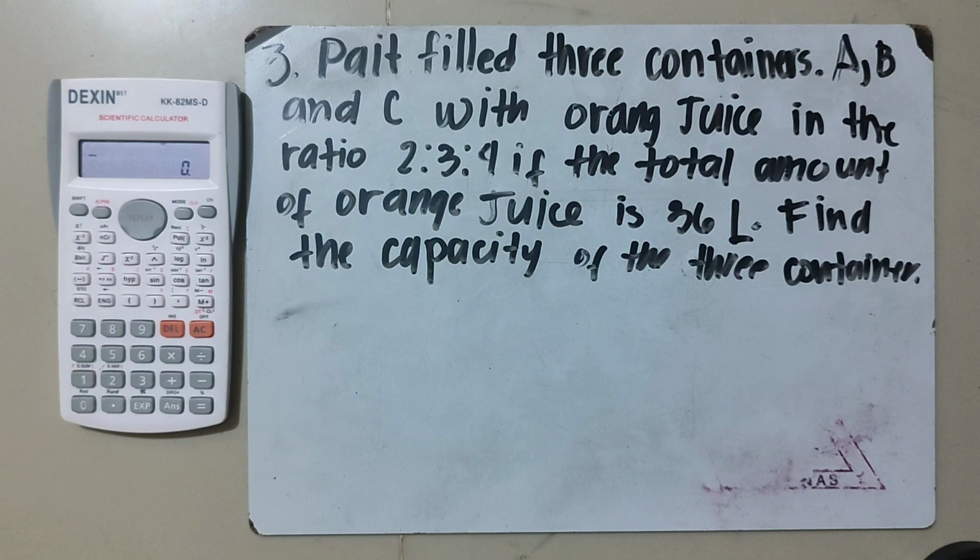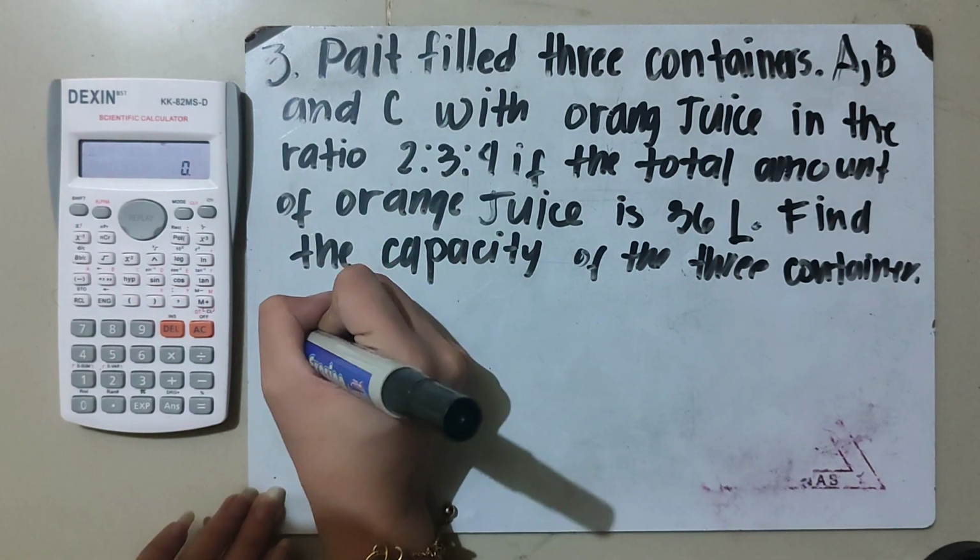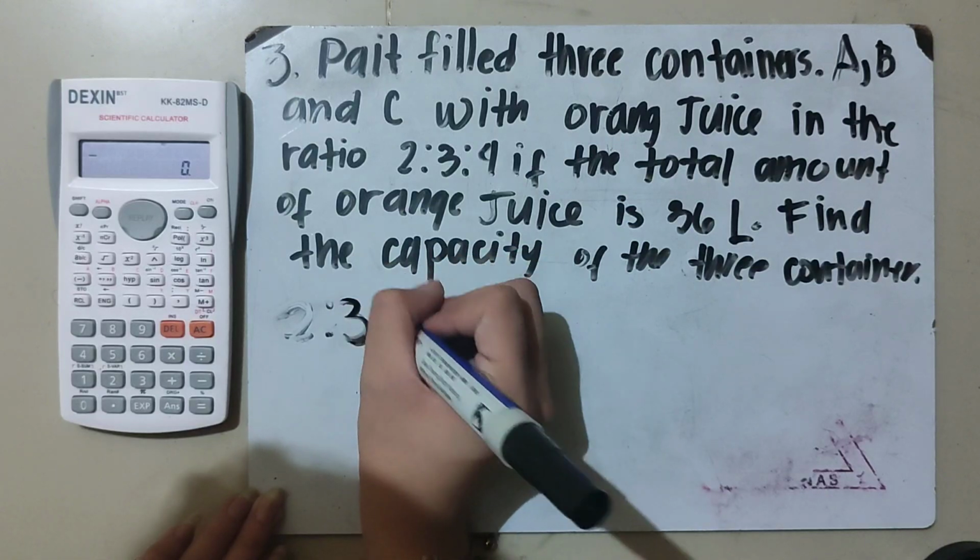Okay, here's the other problem. Sabi dito, if the total amount of orange juice is 36 liter, find the capacity of the 3 container. So, I know that you already know the answer kasi sobrang dali lang niya, but let's solve it step by step. So, first, lagay muna natin yung given.